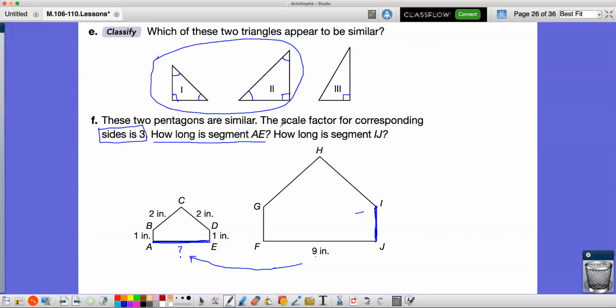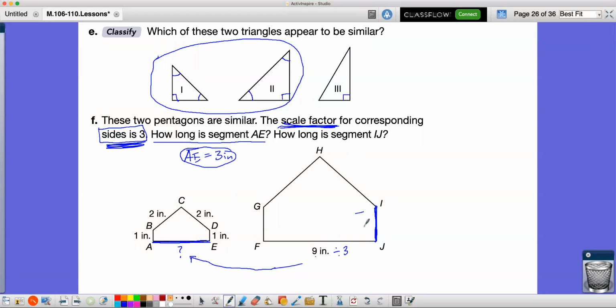Since it's got a scale factor of 3, that means we just take 9 divided by 3. So that means line segment AE equals 3 inches.